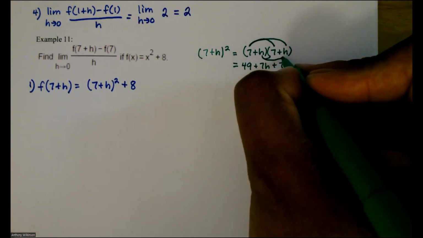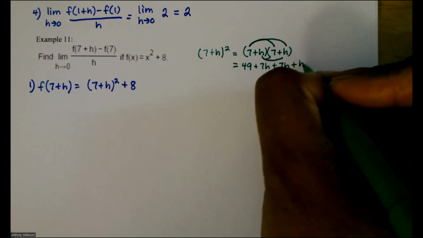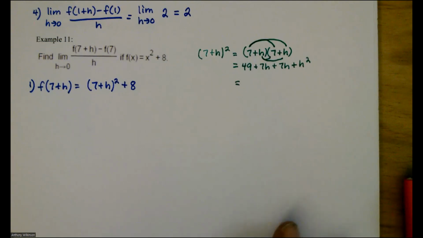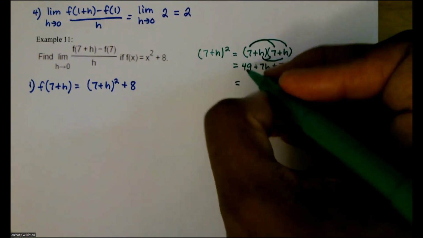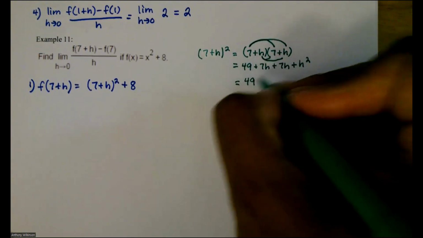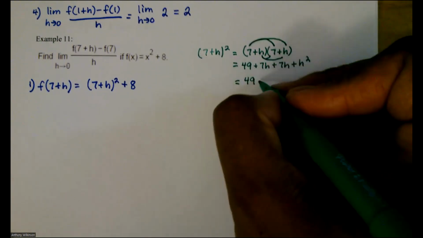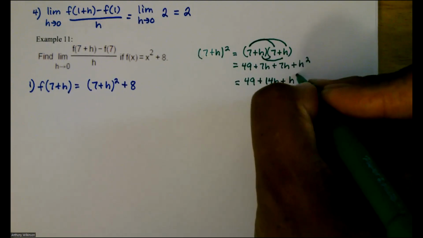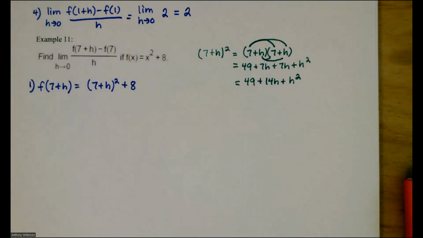And then the last times the last, h times h will be h squared. And then we just simplify this. I will write down the 49. 7h plus 7h will be 14h plus h squared.